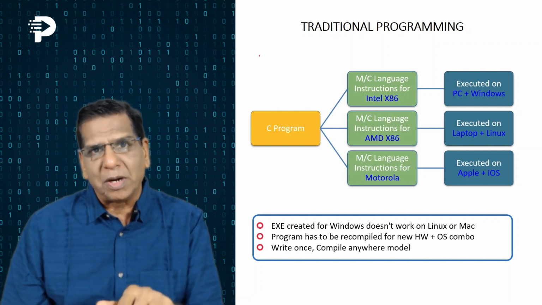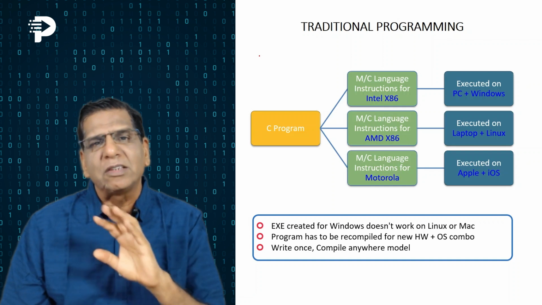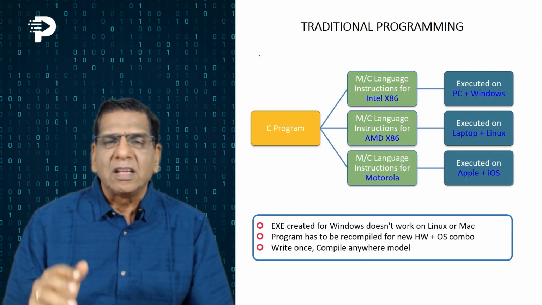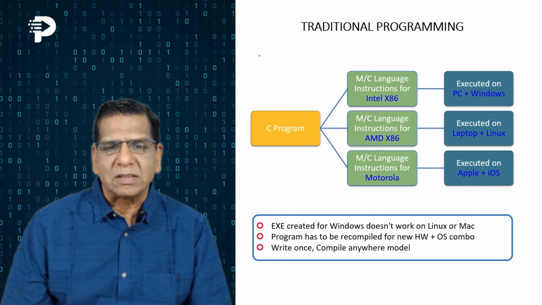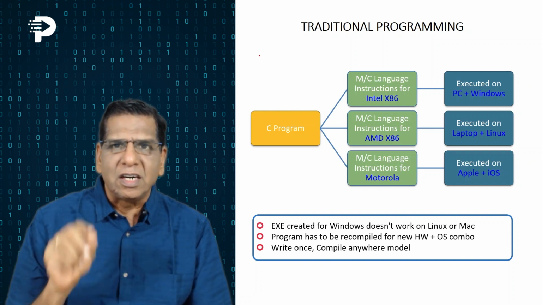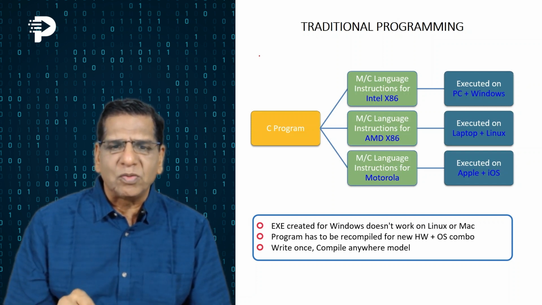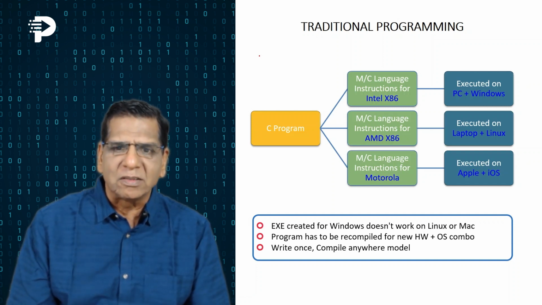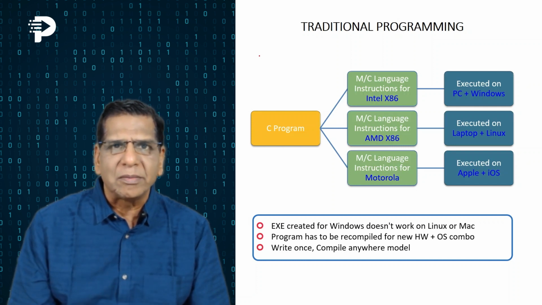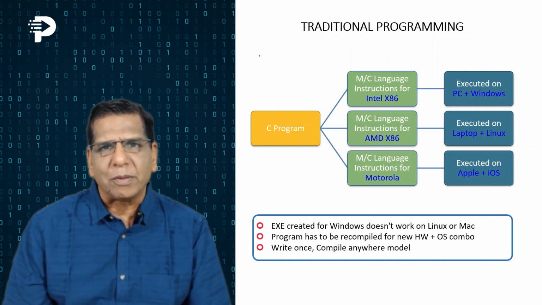Program will have to be recompiled. So program remains same, but compilation will have to be redone the moment the target platform changes. That is why the dictum of traditional programming model is what? You write the program only once, but compile it again and again for different platforms.